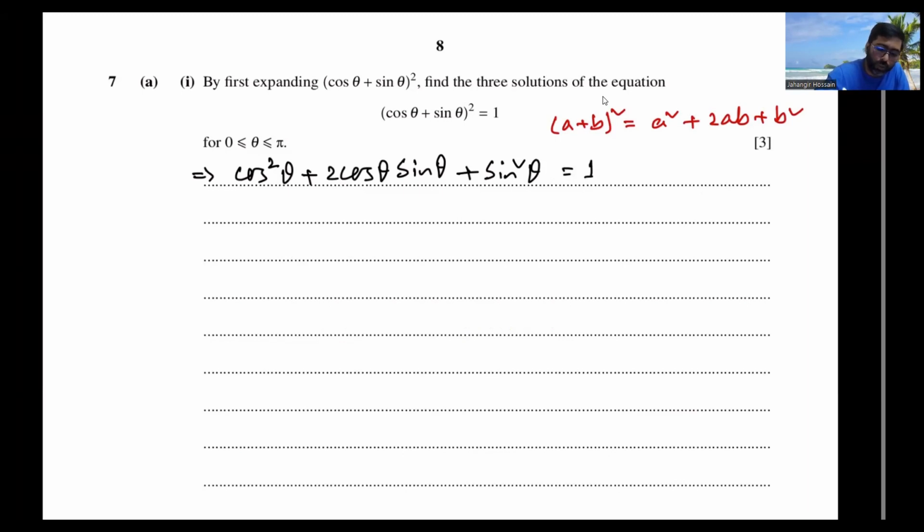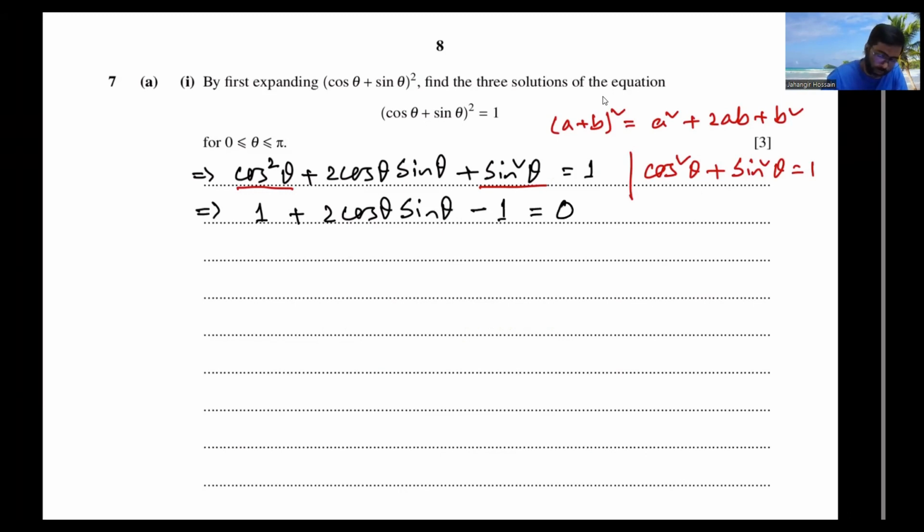Now, you know the identity involving cos and sine, the Pythagorean identity, cos square theta plus sin square theta is equal to 1. So if we apply this, the left hand side becomes 1 plus 2 cos theta sin theta, and bring that 1 from the right hand side to the left hand side.